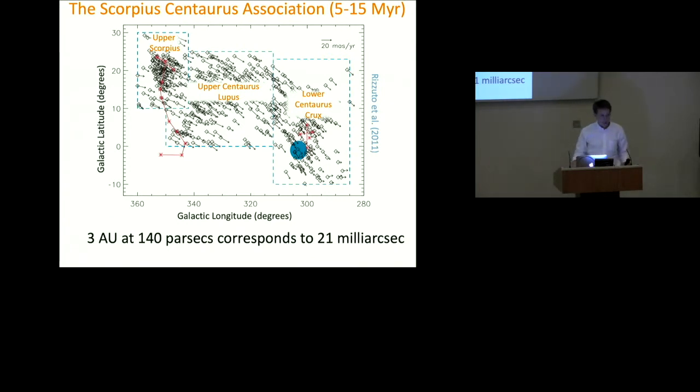And this just so happens to be about the diffraction limit of the ELT operating in the L band. The point here is that if we want to image these very young planets in the zones of planet formation, we're going to need a technique that gets us within the diffraction limit of the future largest ground-based telescopes in the near infrared. Okay, so how do we do that?